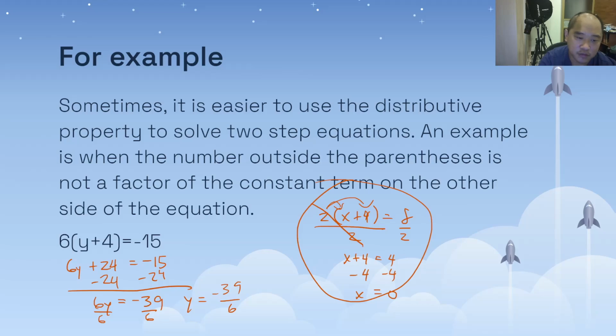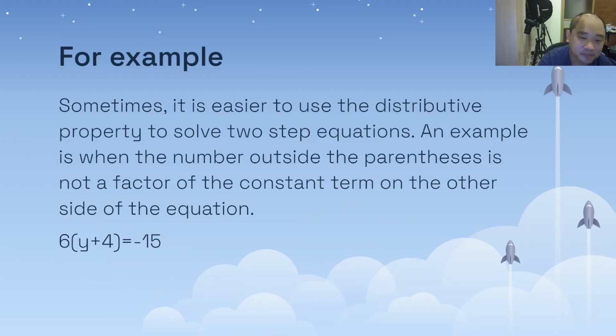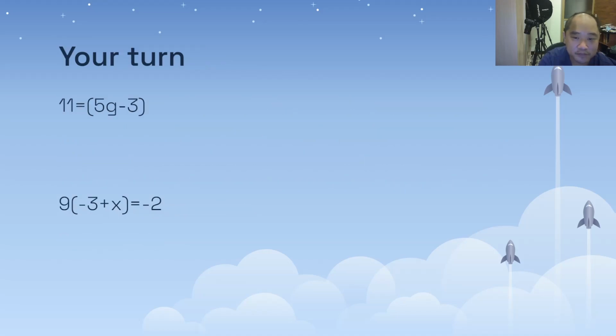Something about this feels off. I rechecked my math. There's nothing wrong with this. Okay, so you could write it as negative 39 over 6 or negative 6.5. Right? Am I doing that right? Yes, I am. Okay. I can do this. I'm doubting myself now.